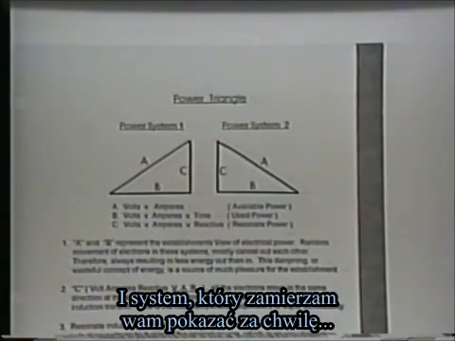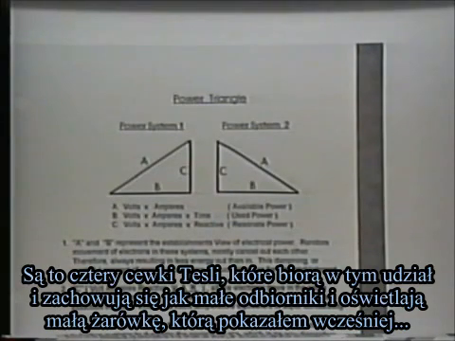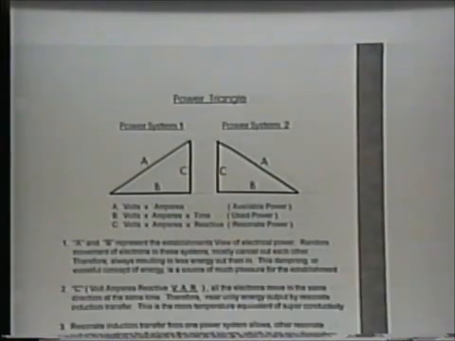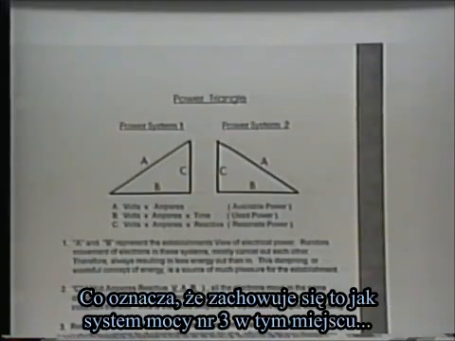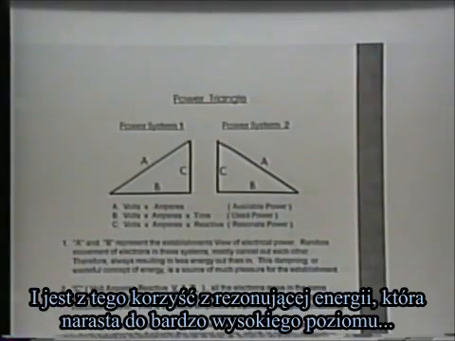And in a system which I'm going to show you in a little bit, there's a Tesla's third coil which comes into play, and it acts like the little receiver that did the light bulb thing that I showed you earlier, and it is situated in the highest density of magnetic flux, which means that it's reacting like a power system 3 there, and it's got the benefit of the resonant energy that's been amplified to a very high level.